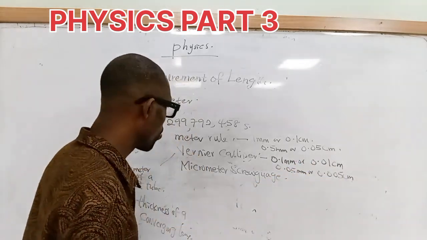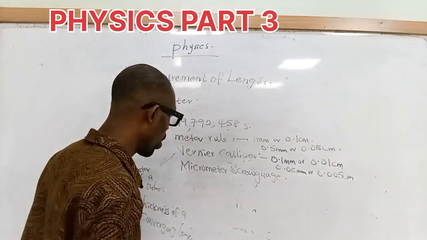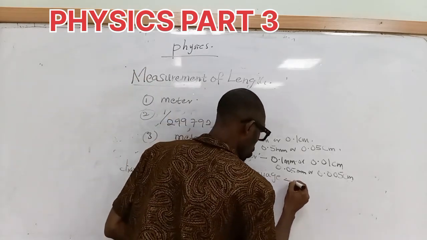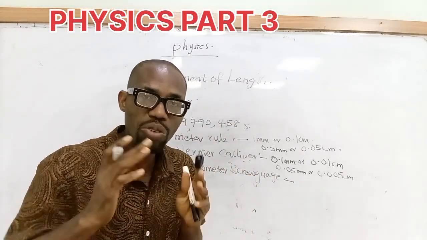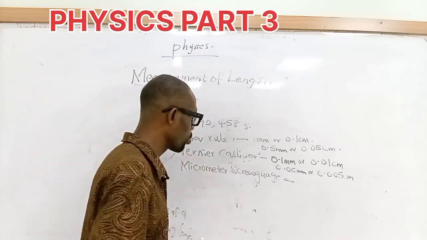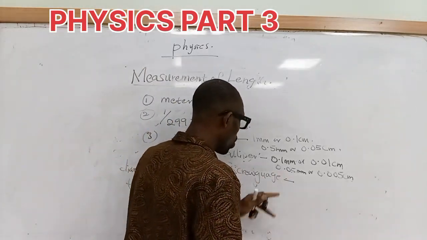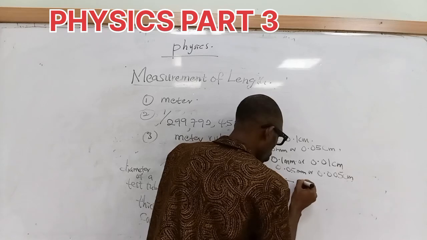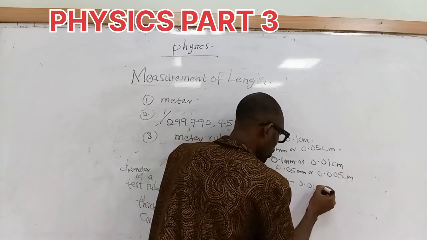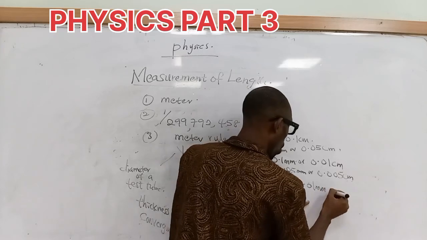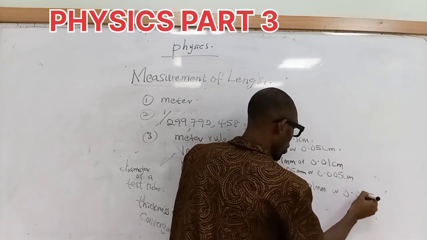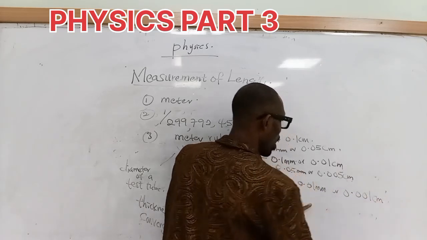The last one, before I wrap up this class, is the micrometer screw gauge. Its smallest division of graduation is 0.01 millimeter or 0.001 centimeter.